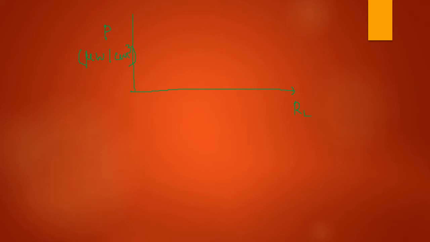That is what you are plotting against the load resistance. So you will see a curve like this. Somewhere you will get the maximum power and then gradually it will fall.